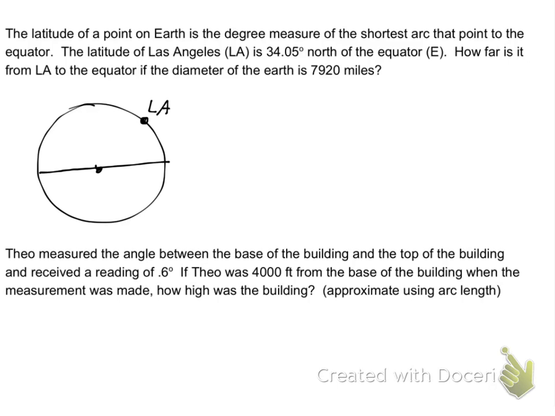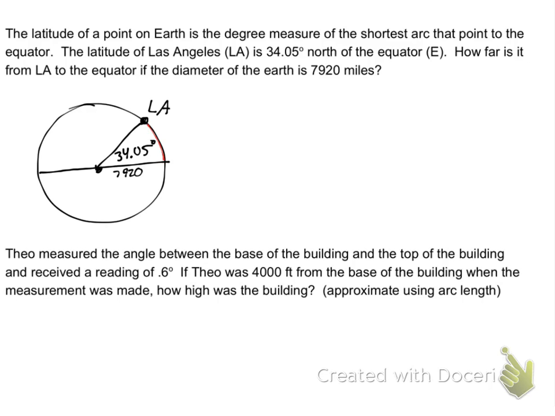We have the center of the circle, and the angle to the equator to Los Angeles is how far? 34.05 degrees. The radius is 7,920. Find the arc length.